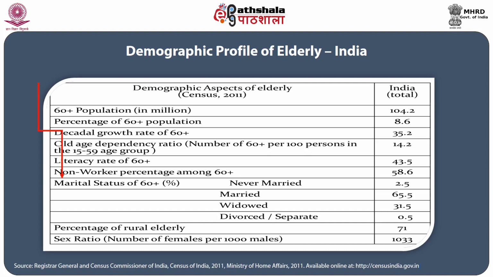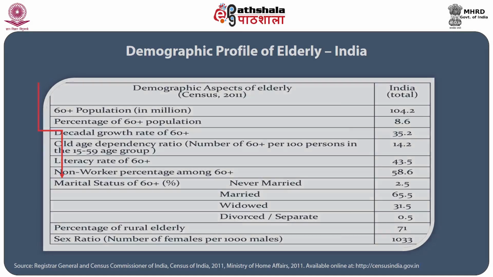Thus, marital status is one of the important social dimensions we have to assess, because with widowhood, especially women elderly will experience a lot of vulnerability. They will become further marginalized and isolated from the family as well as from the neighborhood. In that context, we need to know what their living conditions are and how their needs can be addressed, which is a huge challenge from the planning and policy point of view.